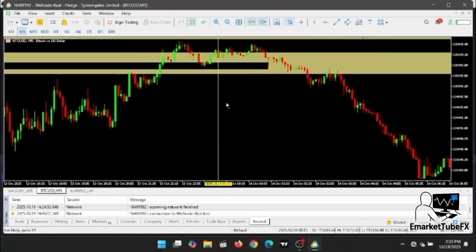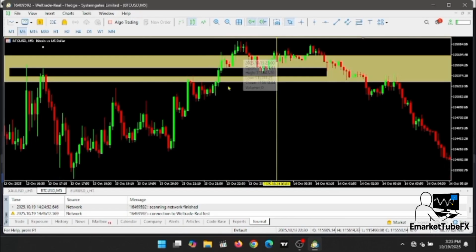So very interesting. When we saw the liquidity sweep here, remember the top here is where we have the fair value gap. Price reached the fair value gap, then there was a reversal. Price pushed down back to the resistance, which is broken, which is now support.